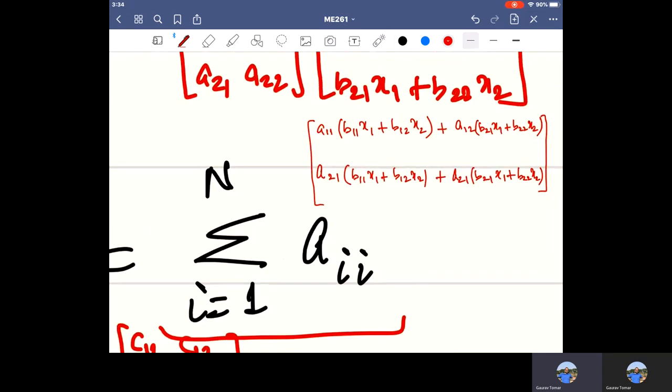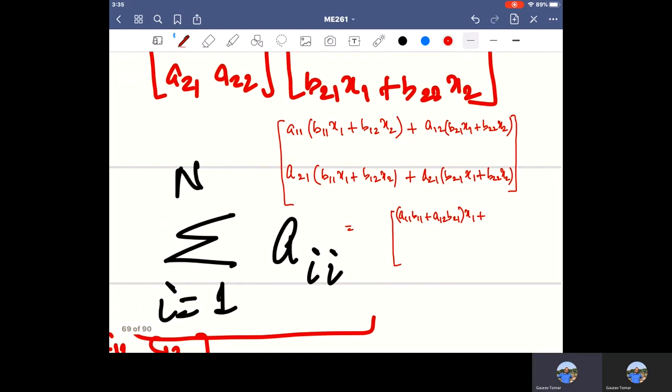Now, of course, you want to split it again into x1, x2. So you'll get this as A11 B11 plus A12 B21 into x1, plus A11 B12 plus A12 into B22 into x2.